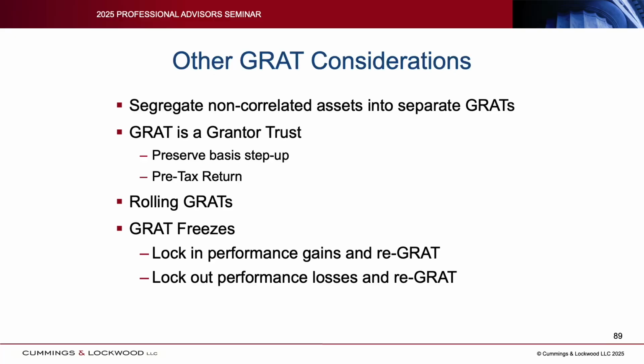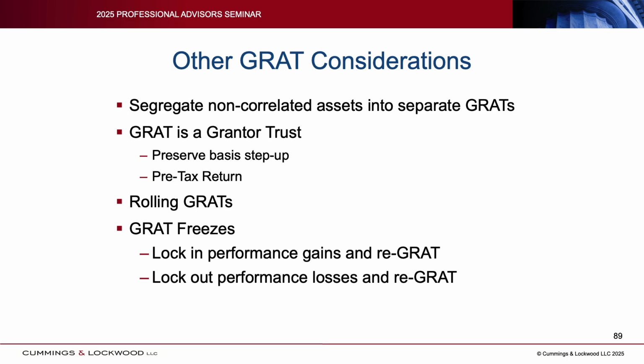So if I go back a couple of slides, I want to get into some of the nitty-gritty about GRATs and some of the more interesting strategies in and around the GRAT technique itself. So number one, sticking with grantor trust, the GRAT is a grantor trust.